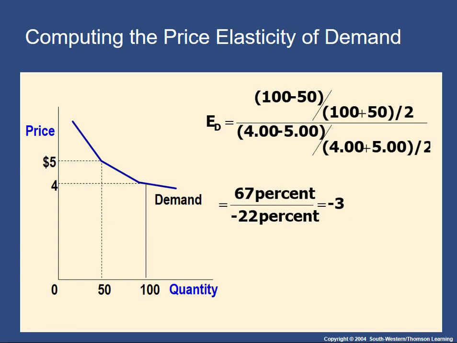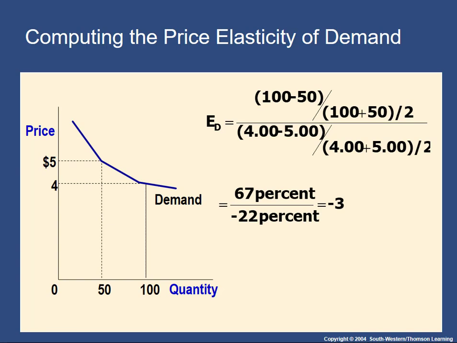So we take the difference in the quantity in the numerator, and then we'll go ahead and divide it by the sum of those quantities, 100 plus 50 divided by 2. And 4 minus 5 is a difference of $1. And notice that the calculation ends up with a -3.